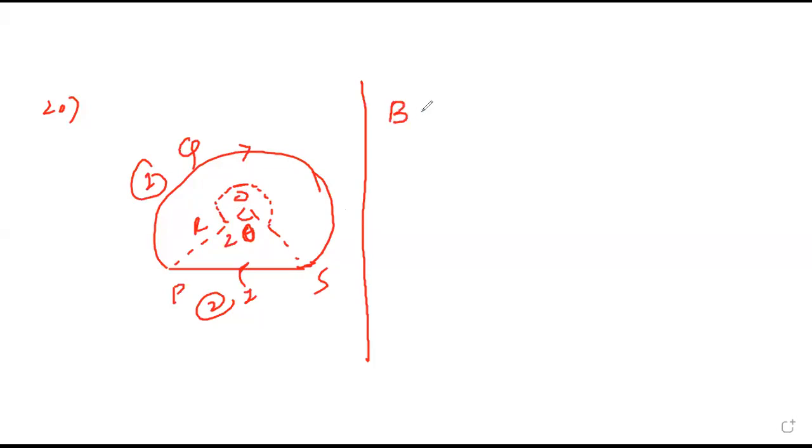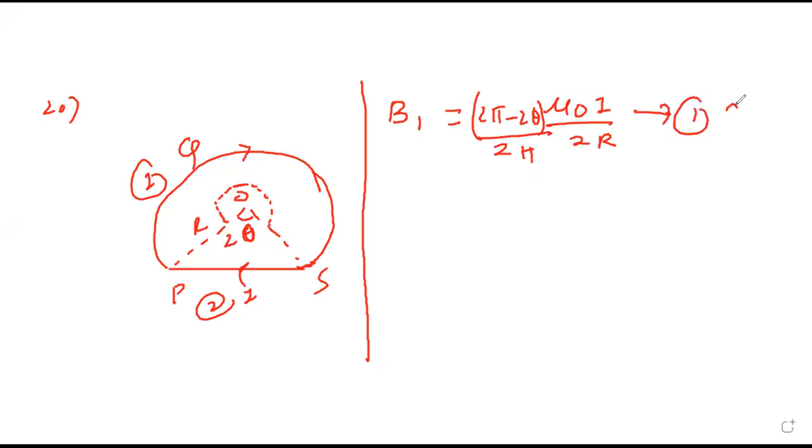So field due to arc or circular coil is mu naught I upon 2r. This is for full circle. But if it is subtending angle theta, then we say theta upon 2 pi. But here angle is 2 pi minus 2 theta upon 2 pi into this mu naught I upon 2r. Yes, sir. This is the field in inward direction because current is clockwise.